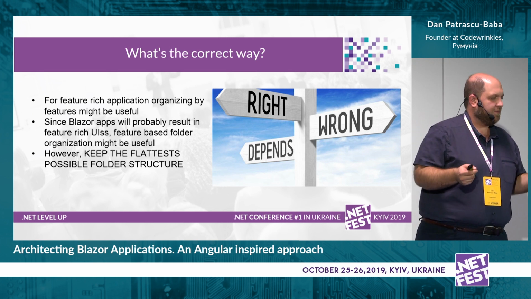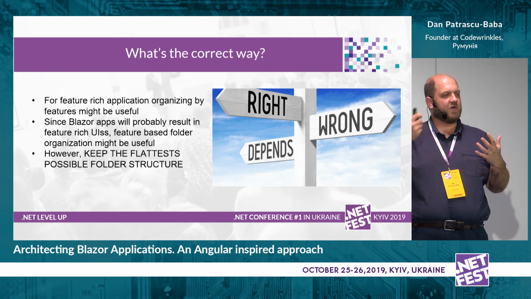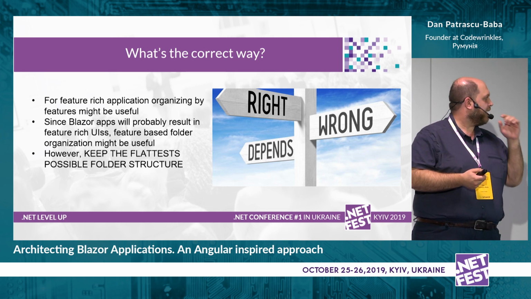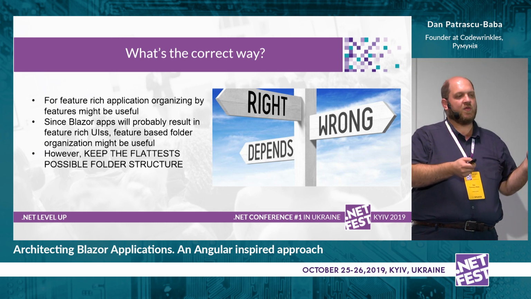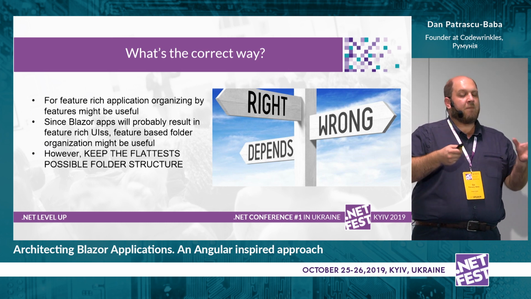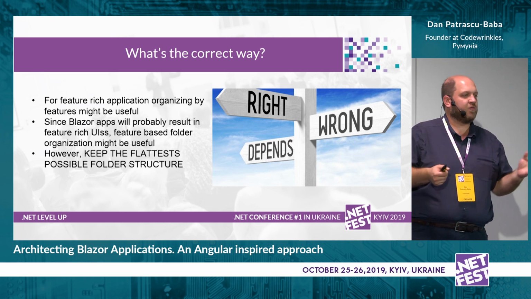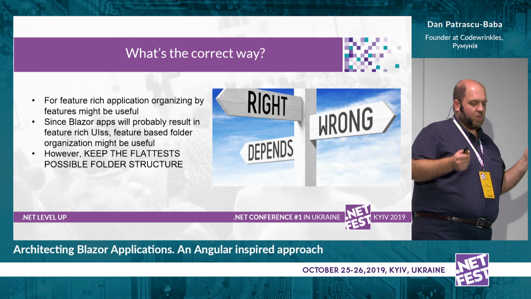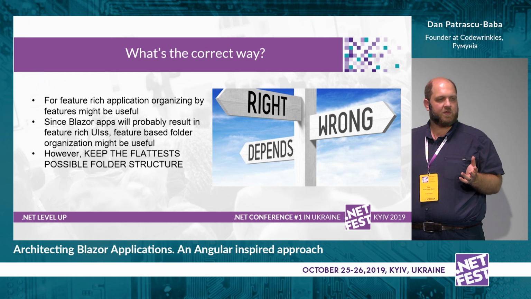So usually, client-side applications or single-page applications are more feature-rich than normal web-based applications. Because in the end, on the web application, you just have, I would say, the business logic. But on the front end, you have the entire rendering logic. And this will take really a lot of different features. So my idea is that we should use, for Blazor, probably this feature-based approach.